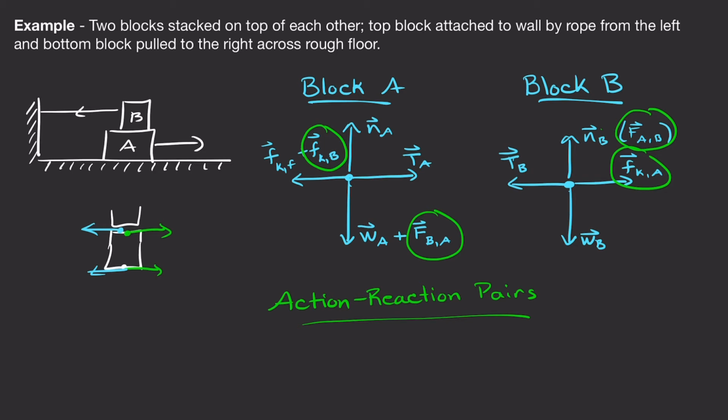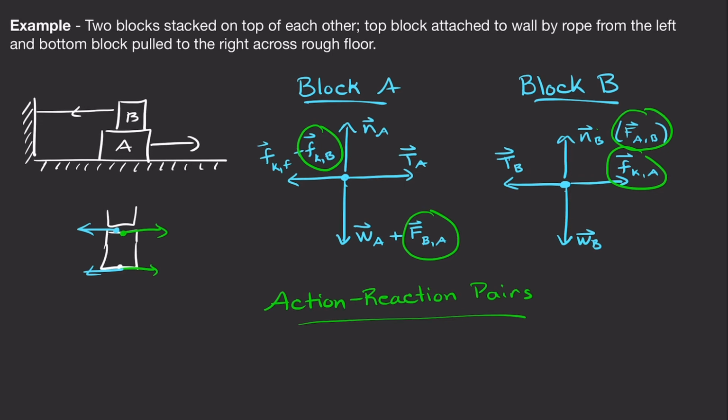When we identified interactions between objects, such as the force of friction on B from A, or on A from B, and this normal force, or this force from B on A, we knew that these forces had to exist. They had to show up, and they had to be in the opposite directions as they were in our free body diagram for A. That's helpful in identifying all of your forces and not forgetting any, but also in identifying action-reaction pairs.